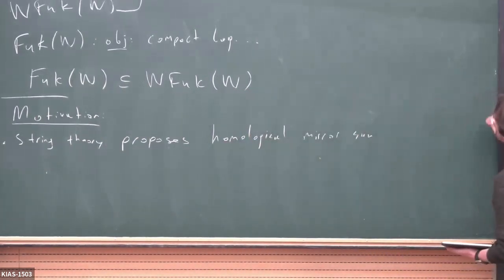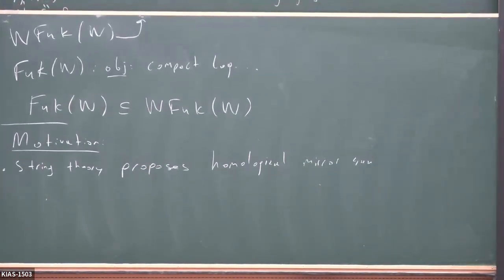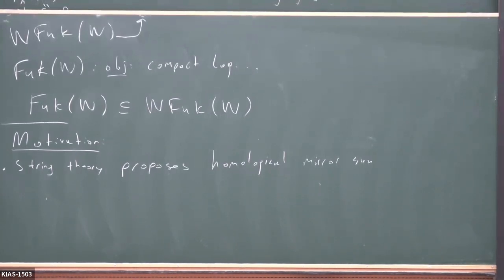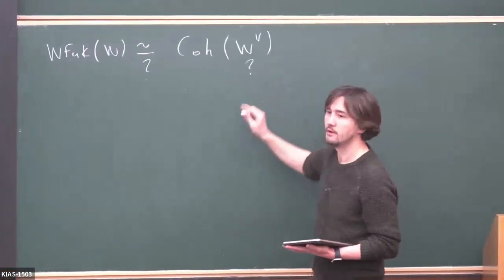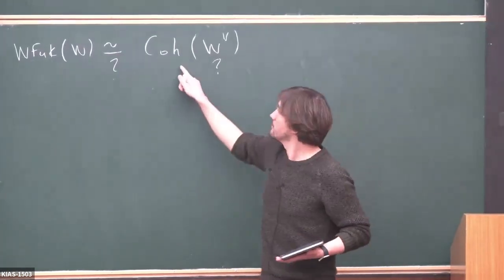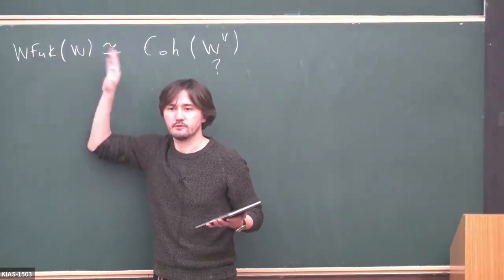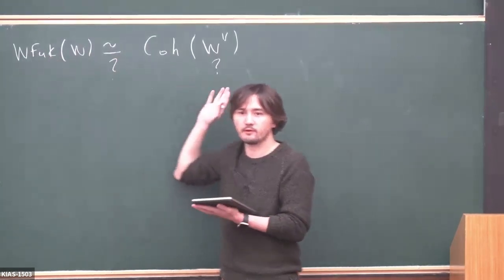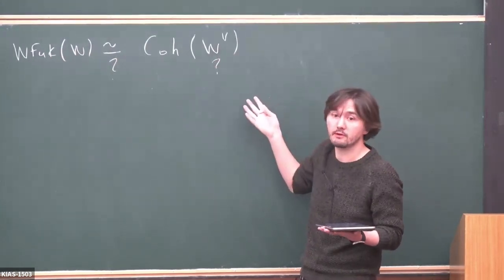Maybe I write it here. It says there's some mirror variety, and it doesn't need to be the wrapped Fukaya category actually, just some Fukaya category of the left side corresponding to some coherent sheaves on some mirror variety.